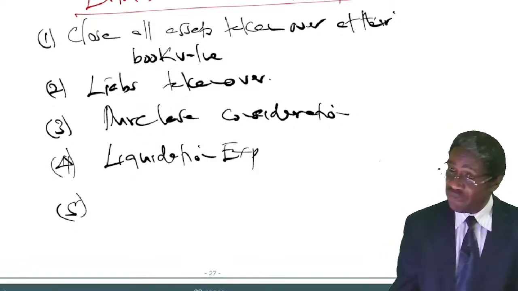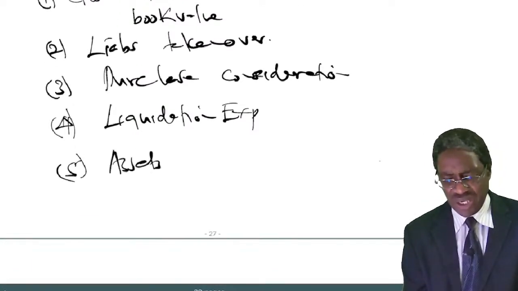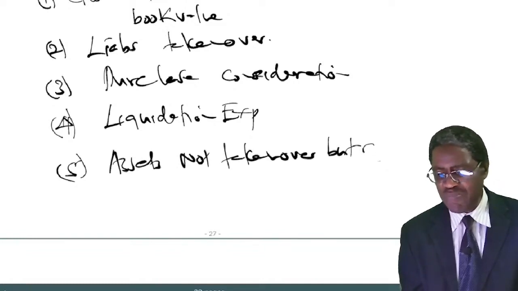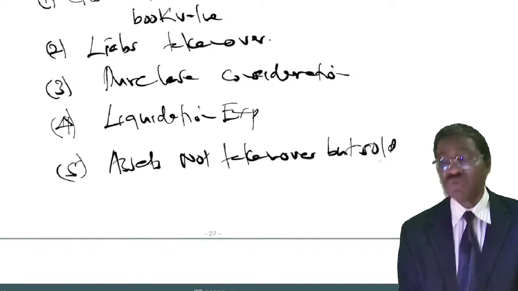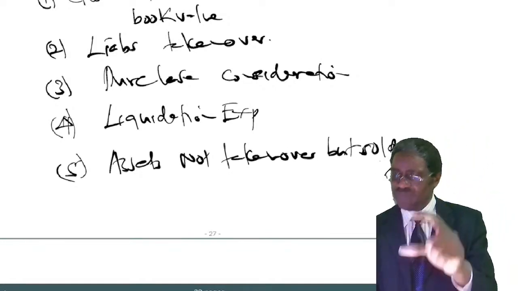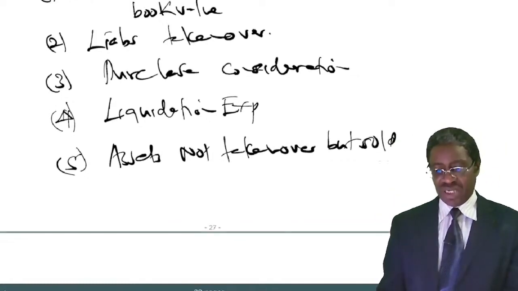That's our entry number 5, where we are saying, with any assets not taken over by the purchasing company but sold by the selling company, you are receiving cash.